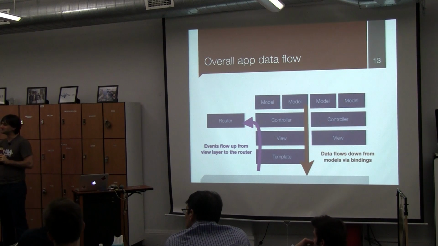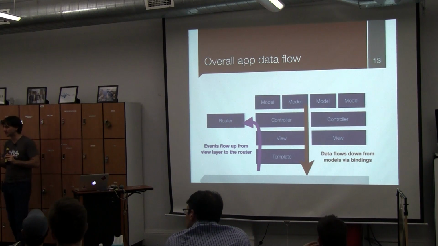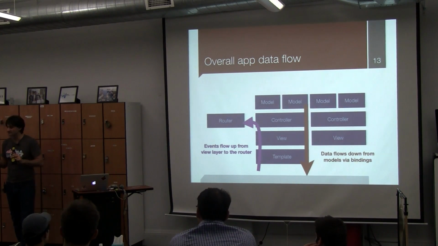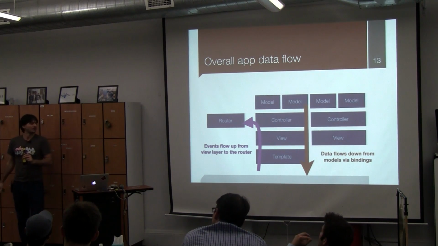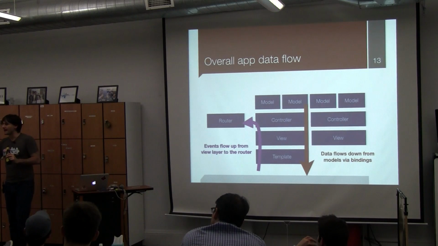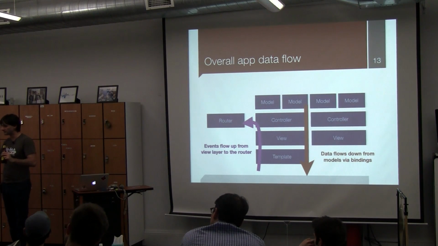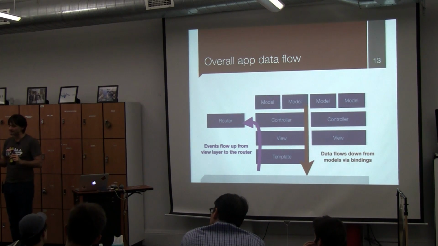So the question was, is Ember a pure MVC pattern? And the context was, Backbone says right off the bat, hey, we are not a pure MVC pattern. I would say that Ember is probably more of a full-featured MVC framework than Backbone is, but I don't know if I could describe anything as pure, for the reason I described before.